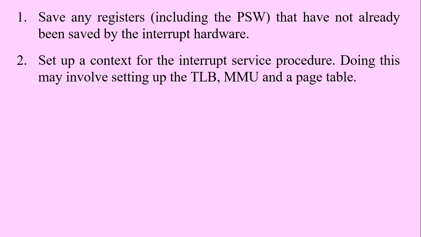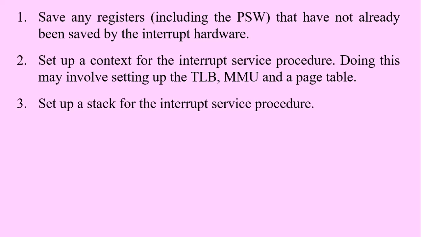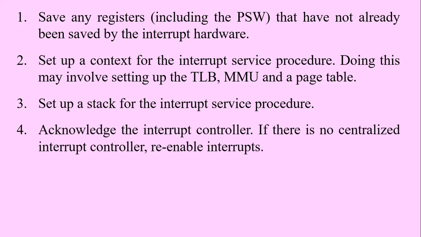Doing this may involve setting up the TLB, MMU, and a page table. Number 3, set up a stack for the interrupt service procedure. Number 4, acknowledge the interrupt controller. If there is no centralized interrupt controller, re-enable the interrupts.